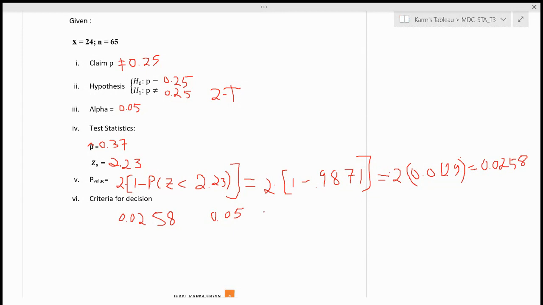Is the p-value bigger or less than alpha? So it's less than alpha. Because it's less than alpha, what will be the decision? We reject or do not reject H0? We reject H0. Thank you.